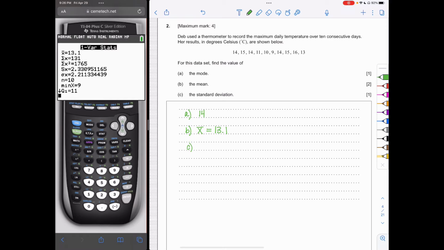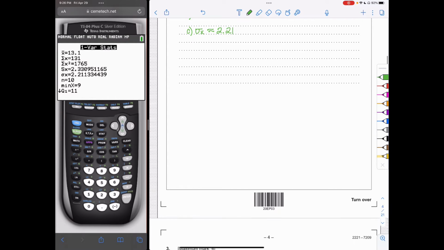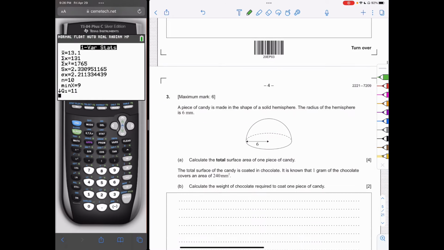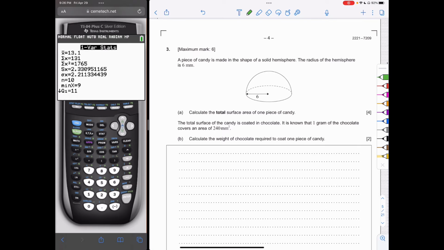So standard deviation is going to be approximately 2.21. All right, so that's number 2. Remember, we always use the sigma, not the Sx, we don't use the regular s. That's the sample. We want the whole population standard deviation, which is the lowercase Greek symbol sigma.